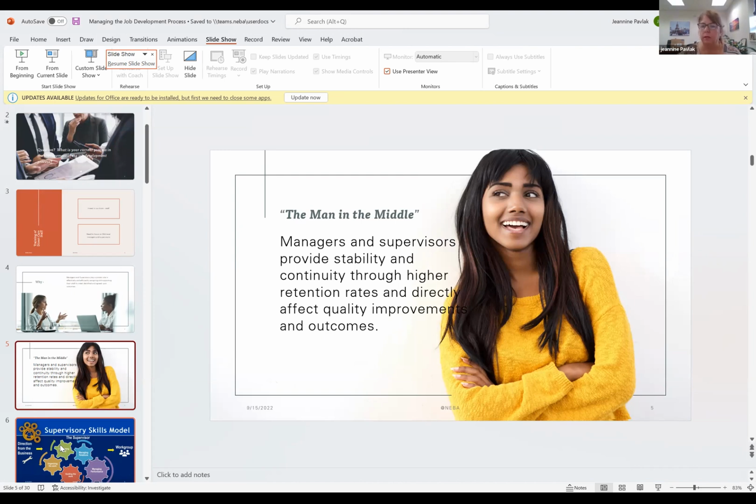Certainly, we have people leaving on other levels within our organizations, but the most turnover is with that direct care staff, which makes it even more important for us to be investing in our mid-level managers and supervisors, because they provide the stability, they have the history, oftentimes they have the institutional knowledge, and they have the ability, through continuity of services, to keep your retention rates up and have more positive quality outcomes, I'm sorry, not income, quality outcomes in terms of employment outcomes for the people that you serve. Any thoughts on that?